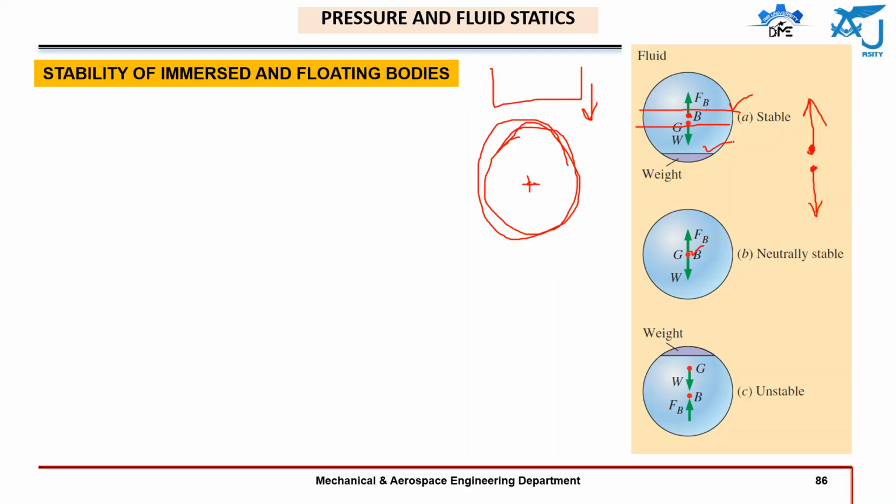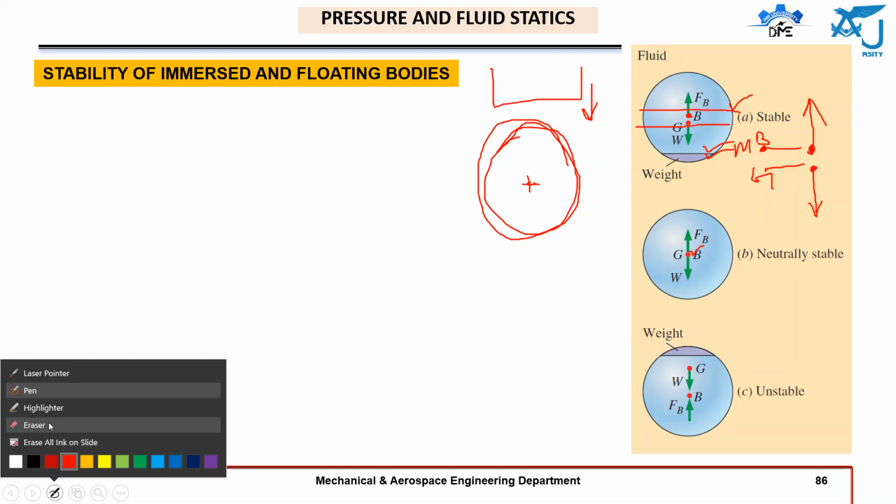So if we change the mass concentration, we can shift the center of gravity. So I've told you that if B, the center of buoyancy, is upwards and the center of gravity is downwards, this means your body is stable. If you disturb it, it will not directly sink.